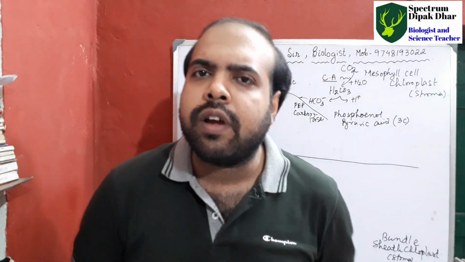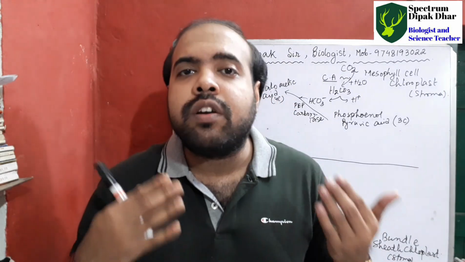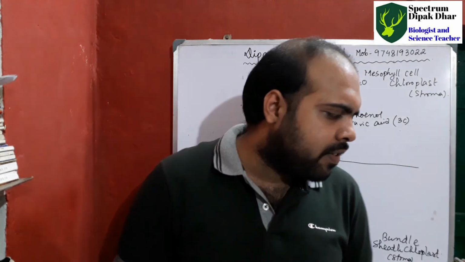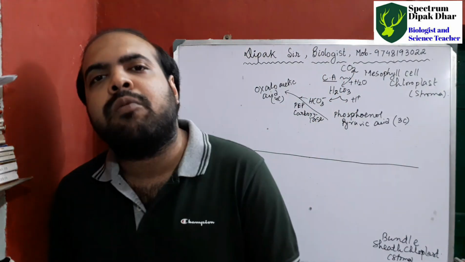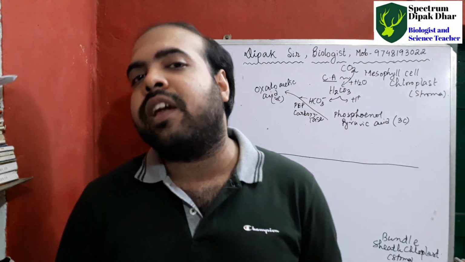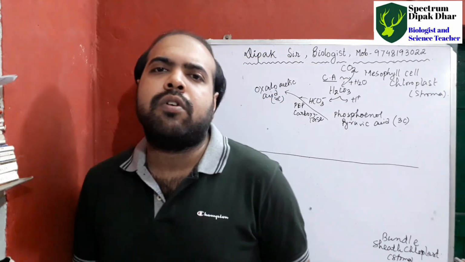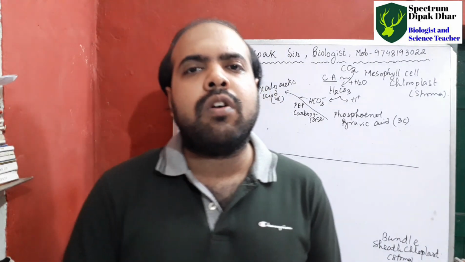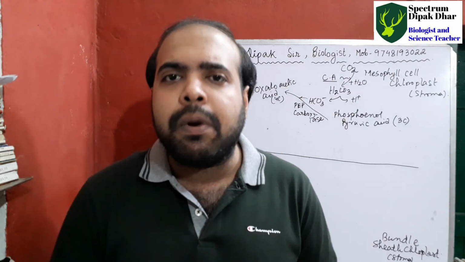Now this oxaloacetic acid will be reduced into another organic acid, that is the malic acid. As we all know that in case of an oxidation reduction process, if there is oxidation of a compound, there must be reduction of another compound which will couple the whole process.